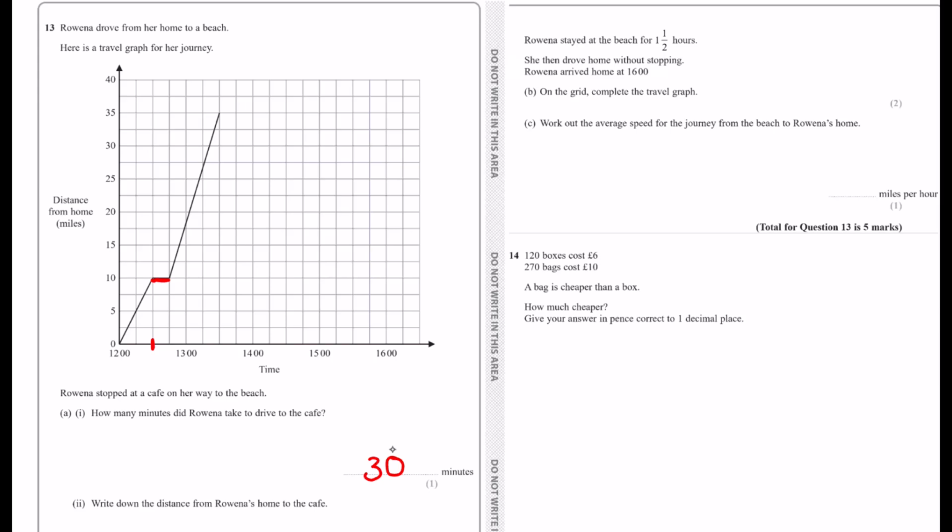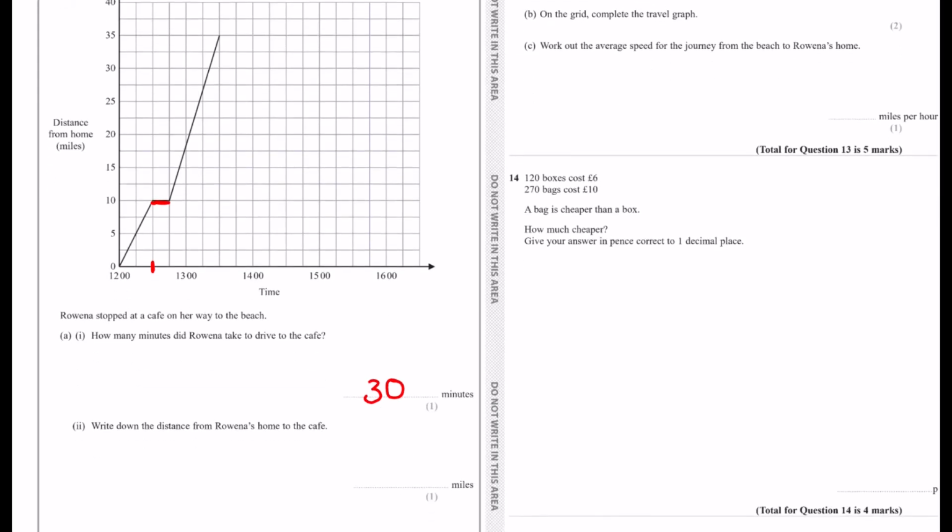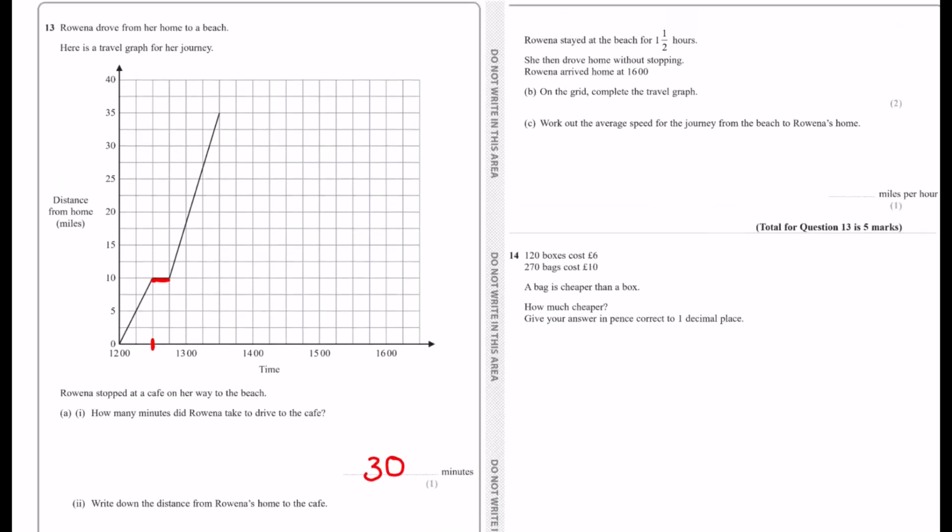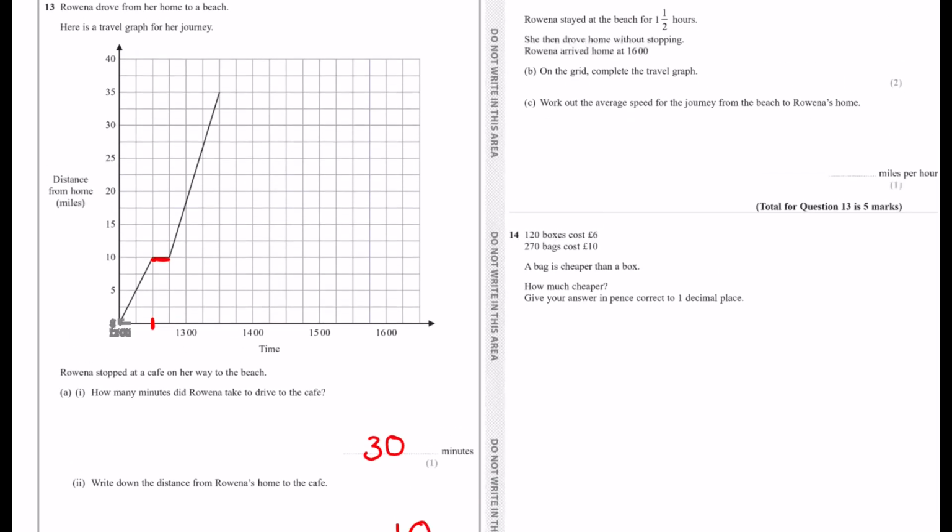Write down the distance from Rowena's home to the cafe. How far is it? It's 10 miles. Rowena stayed at the beach for 1.5 hours, so we're going to need to draw this on. She then drove home without stopping and arrived home at 1600, 4 o'clock.